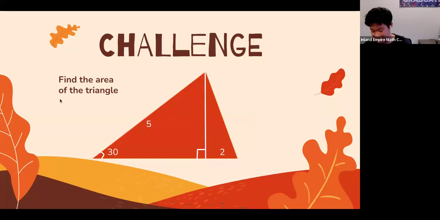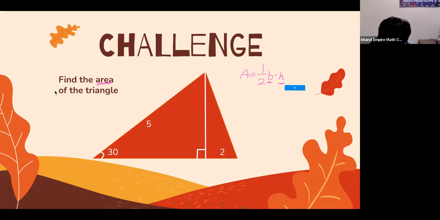Let's do this. So first thing when we want to approach this is we see the words area of the triangle, right? Review from last class's lesson: we know that the area of a triangle is 1/2 base times height. And then from here, we know that we need to find the base of the triangle and we need to find the height of the triangle.